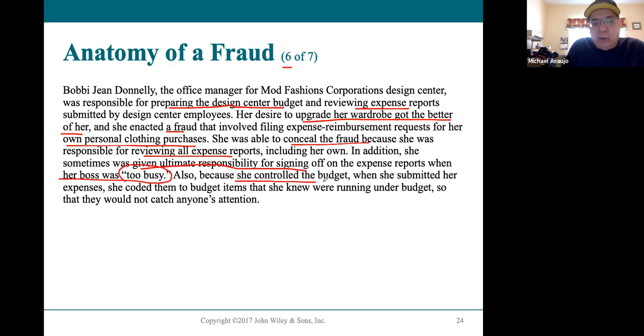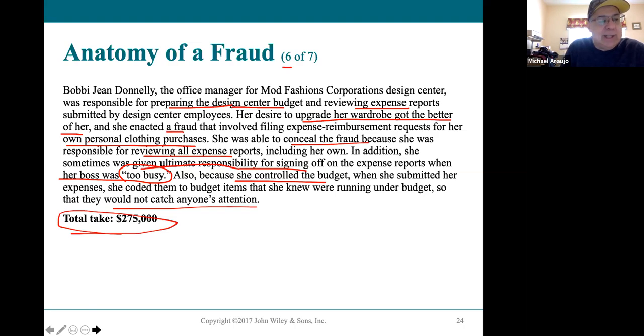Because she also controlled the budget, she submitted her expenses, she coded the items. No one else knew, right? No one else knew. She took over $250,000 this way. That's a hell of a wardrobe. What could you buy for that much money? I'd be dressed to the T's.